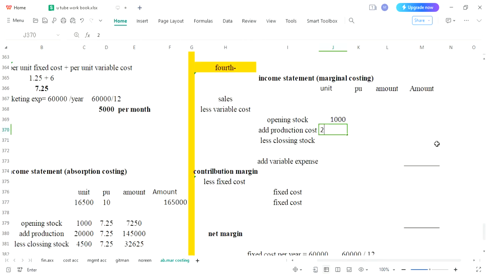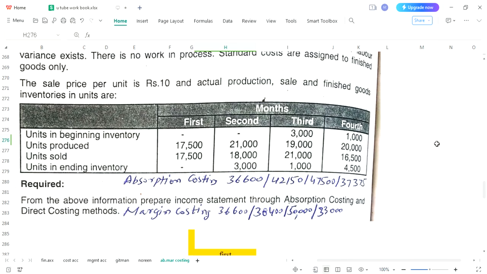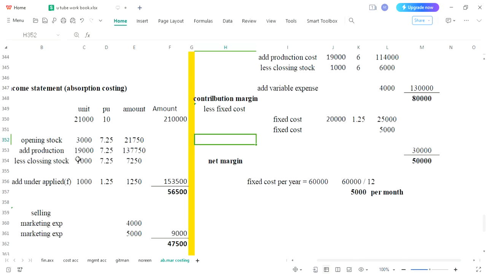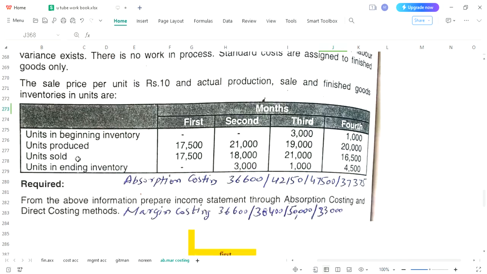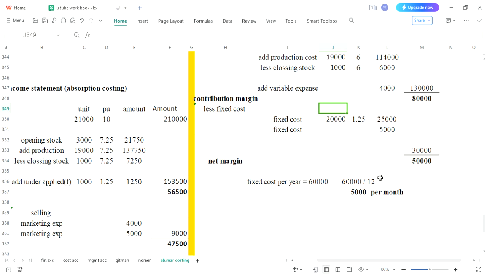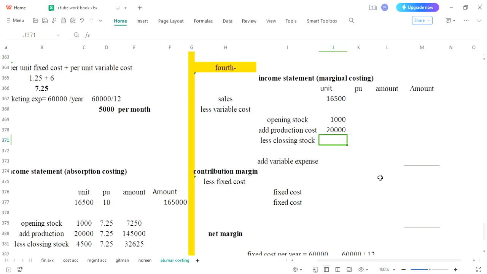So 20,000 are number of units produced. Next is 16,500 units sold. Will have to take care. A single mistake can be a disaster. Ending inventory units 4,500. 4,500 would be put over here.